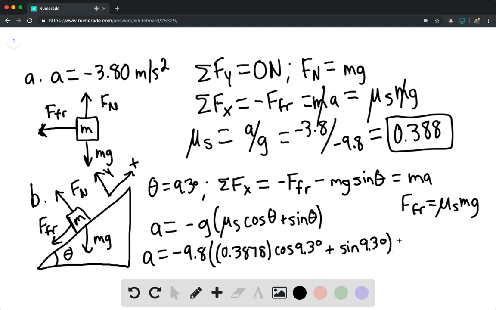And we're getting that the acceleration is going to be negative 5.3 meters per second squared. So this will be our deceleration, our maximum deceleration up this incline. That is the end of the solution. Thank you for watching.